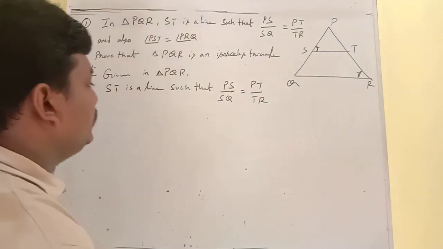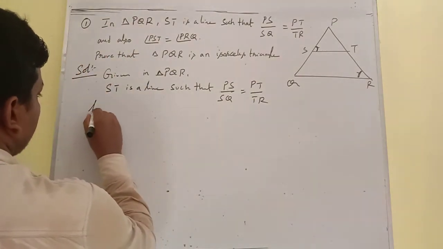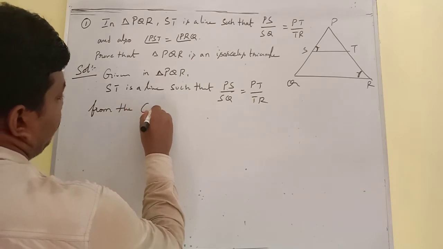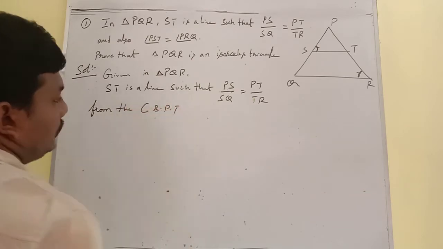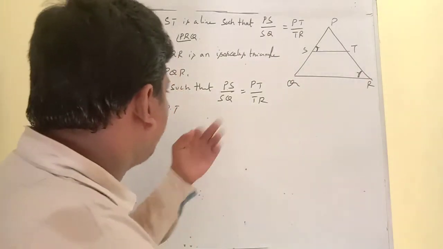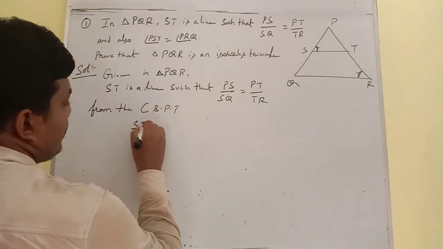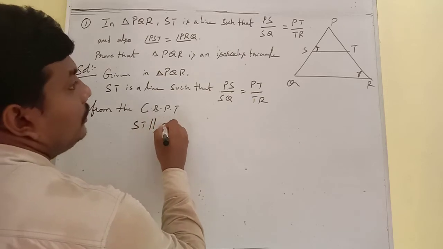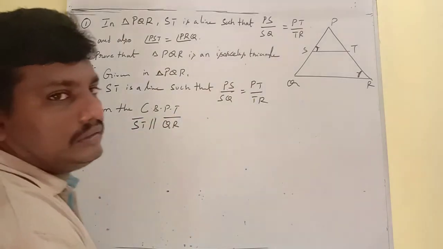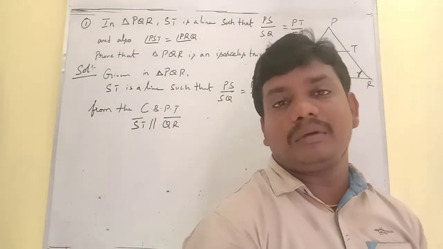From the converse of the basic proportionality theorem, CBPT, we conclude that ST is parallel to QR. This is since the converse of the basic proportionality theorem.